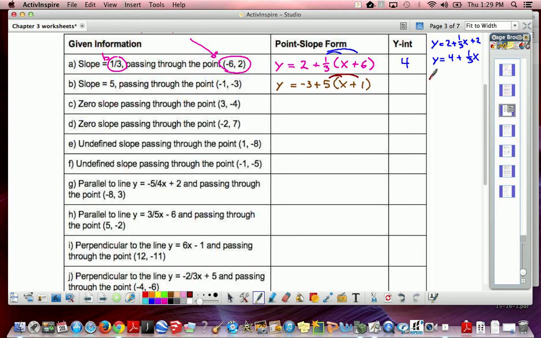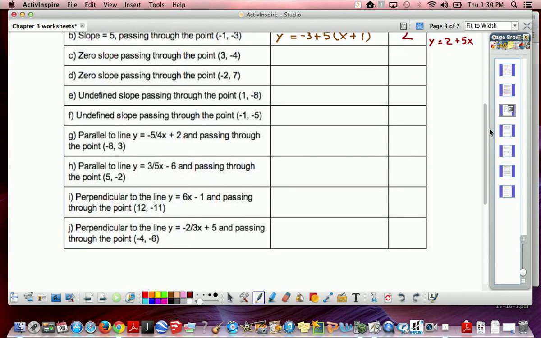So when I distribute, I have y equals -3 is still there, and I get 5x plus 5. So -3 and plus 5 make 2, so I have 2 plus 5x. Then my y-intercept is simply just 2.